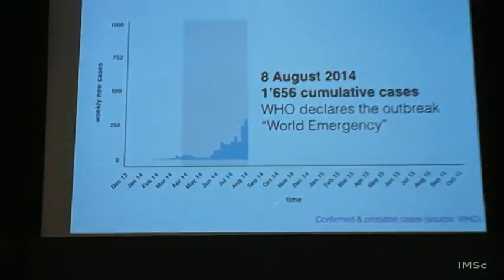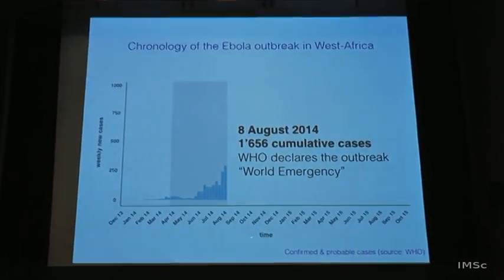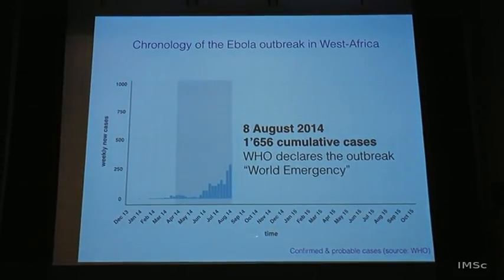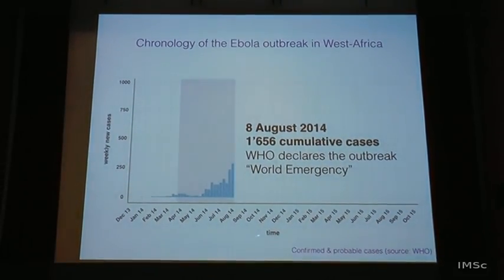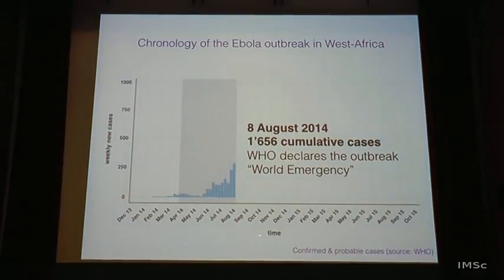So on the 8th of August 2014, the WHO declared the outbreak a world emergency. At this time, you could not ignore it anymore. There were already some people working there, like MSF, and the CDC was also there, but clearly there was a lack of international intervention.